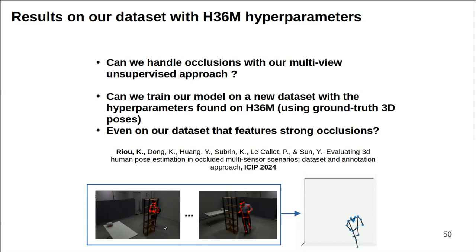Mais à la limite, si on fait ça, je refais une simple triangulation et j'obtiens ma pose 3D parfaite. Si mes paramètres de calibration sont propres, mes poses 2D sont parfaites, alors ma triangulation sera presque parfaite. Donc quel est l'intérêt de mettre un modèle de deep learning en place si nos poses 2D en entrée sont parfaites?